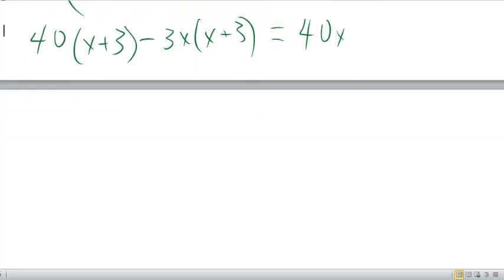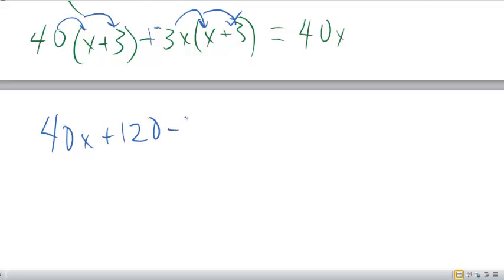Okay, so I'm going to distribute. That's a minus, so I'm going to make it plus a negative. So I have 40x plus 120 minus 3x squared minus 9x equals 40x.